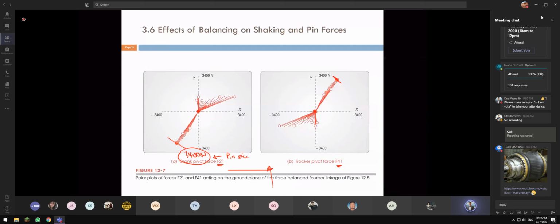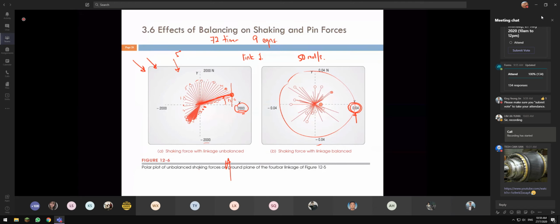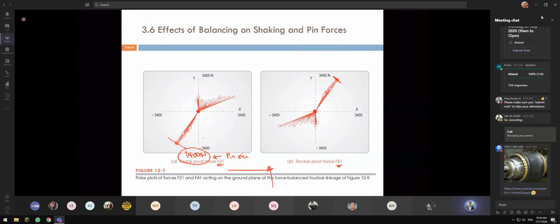Okay. So what does it mean? I have to apologize. Basically, even here you also have a similar two graphs, but it didn't plot. What happened here is that figure 12-7 is after the balancing.